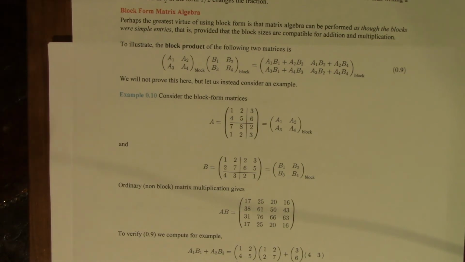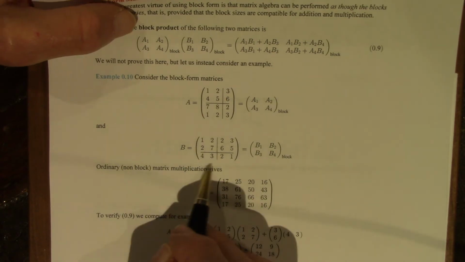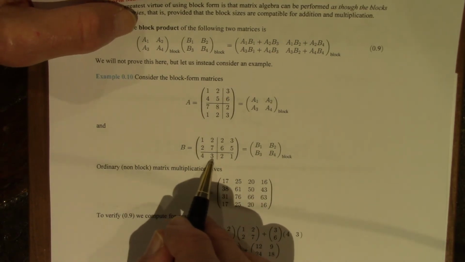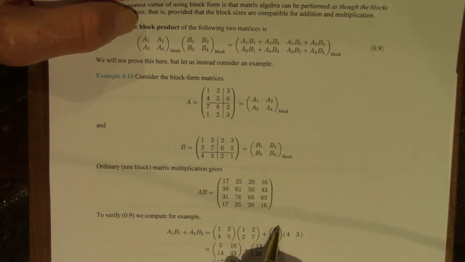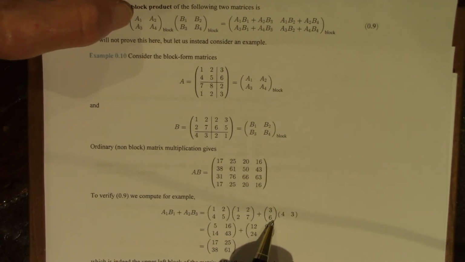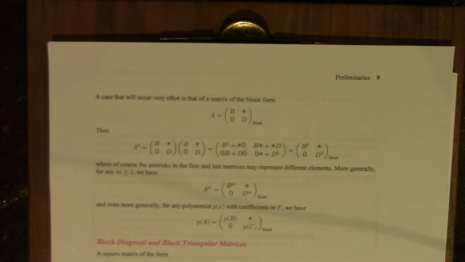There has to be compatibility. If you look at this one, this is block A2, and this is block B3. You can take A2 times B3. It's this times this, and those are compatible for multiplication, because the number of columns here equals the number of rows here. Okay, so that's the only constraint on this.